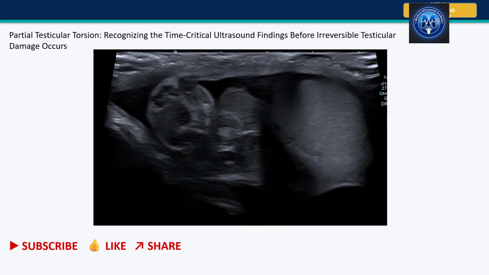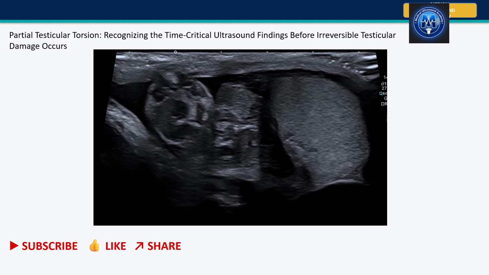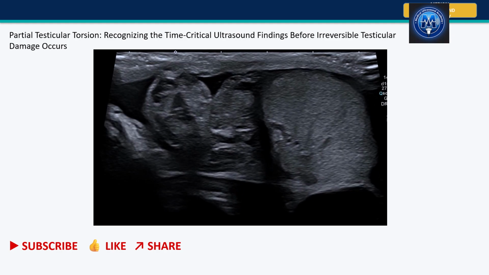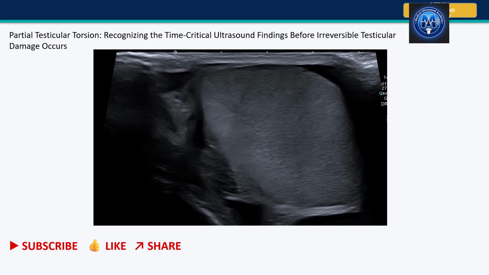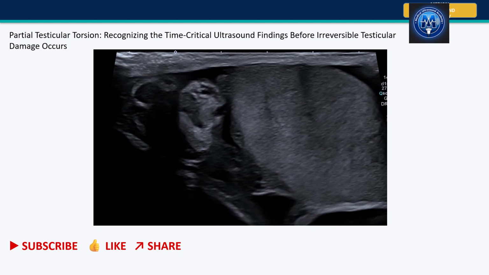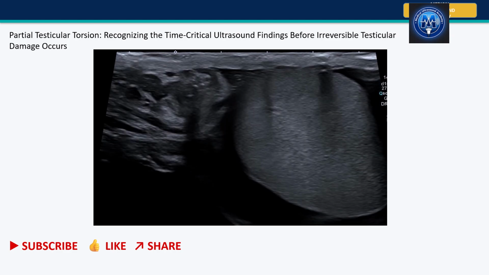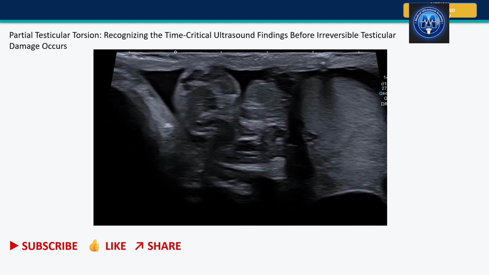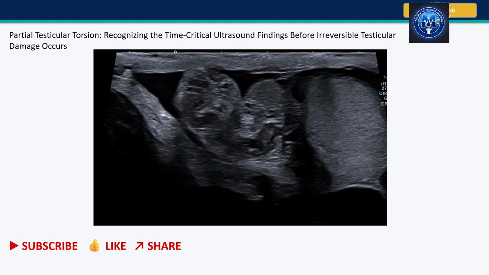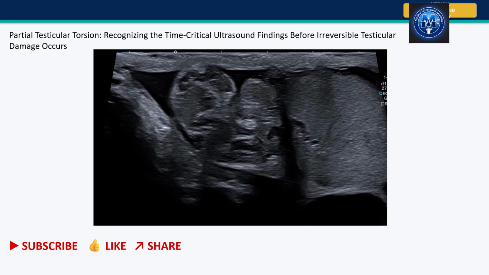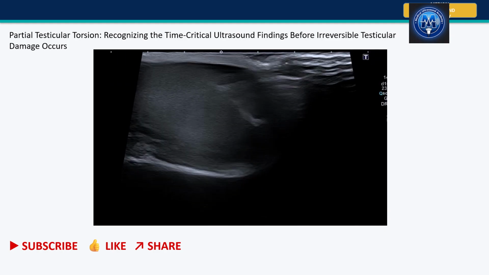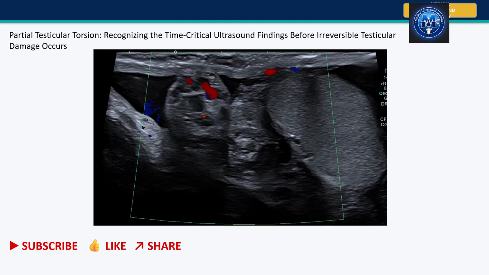If there is complete testicular torsion, you won't see any flow. At the same time, the testicle would start to undergo ischemic changes. It will become edematous. In chronic stages, you can see that it can become necrotic. But in this case, we still have some signs of life.